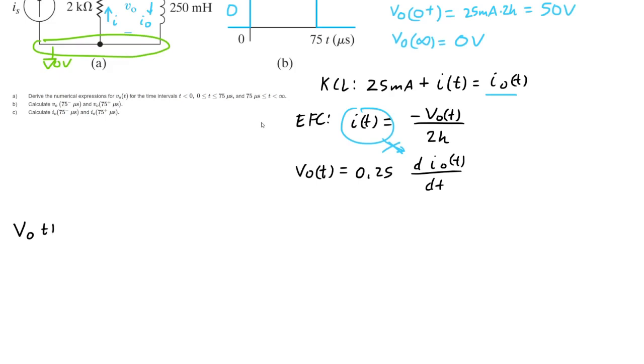So VOT is going to equal 1/4, which is a 250 millihenry, leaving it as a fraction for now, times the derivative with respect to time of 25 milliamps plus I of t, or an expression that is minus VOT divided by 2K.